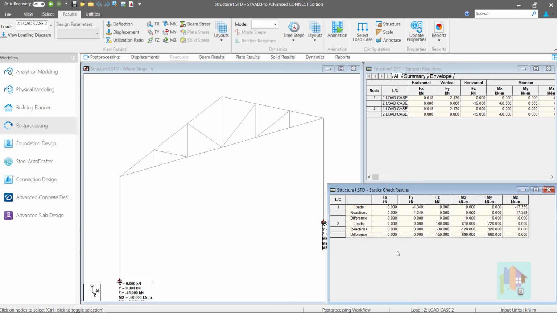For load case 1, the total applied load and reaction load match, for load in Y and moment about Z direction. So there is no loss of load, which means the zero stiffness condition has no effect on this load case.